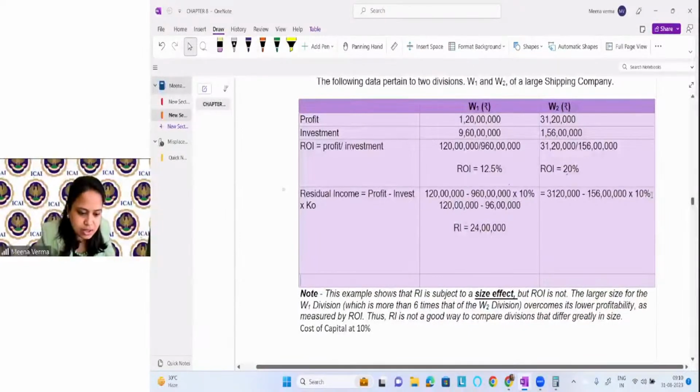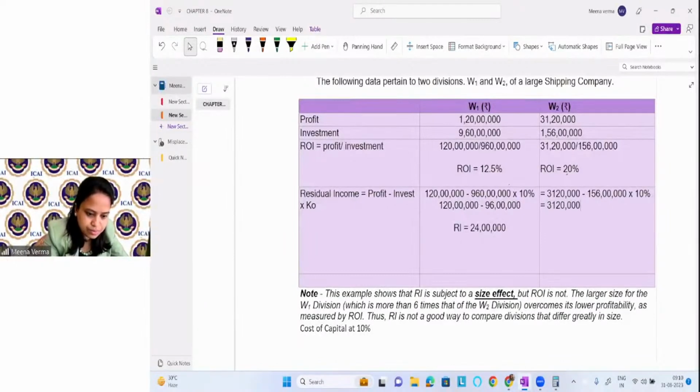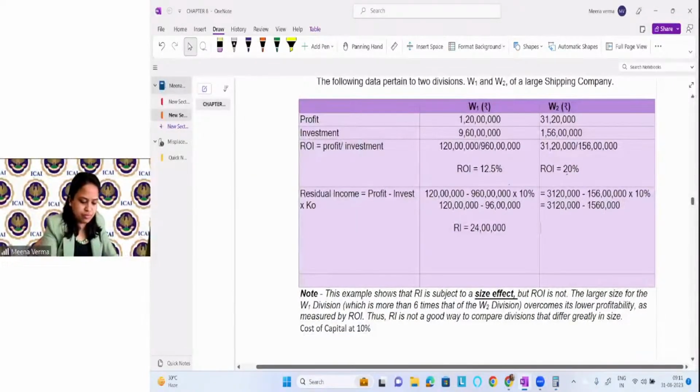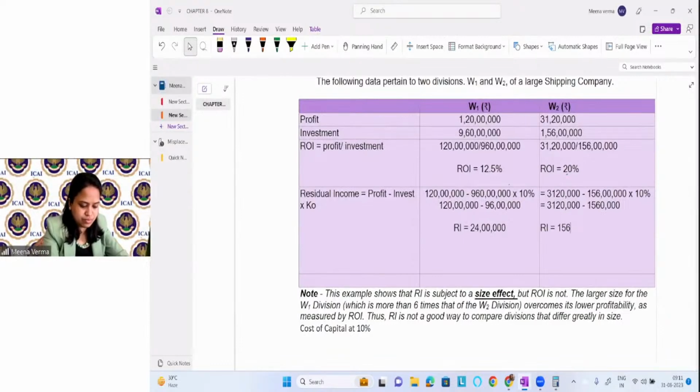Now let's see what it is coming here. 3120. So residual income is coming as 1560.